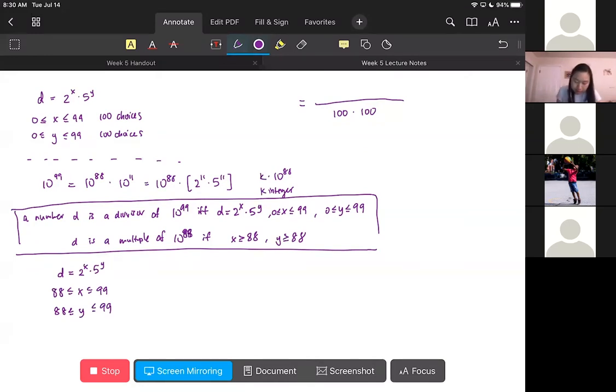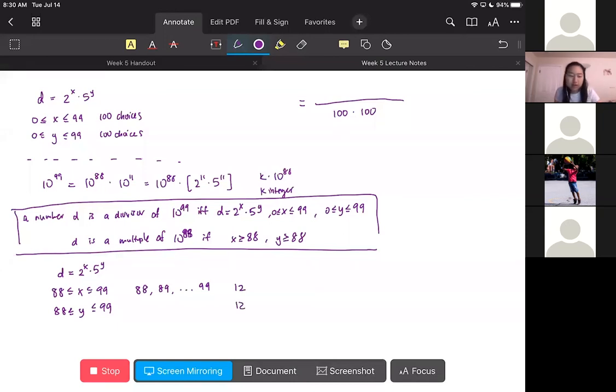First, how many possibilities are there for x and how many for y? Since this is inclusive, it could be 88, 89, all the way to 99. How many numbers are in that sequence? 12. Yeah, it's actually 12. So there are 12 possibilities for each.